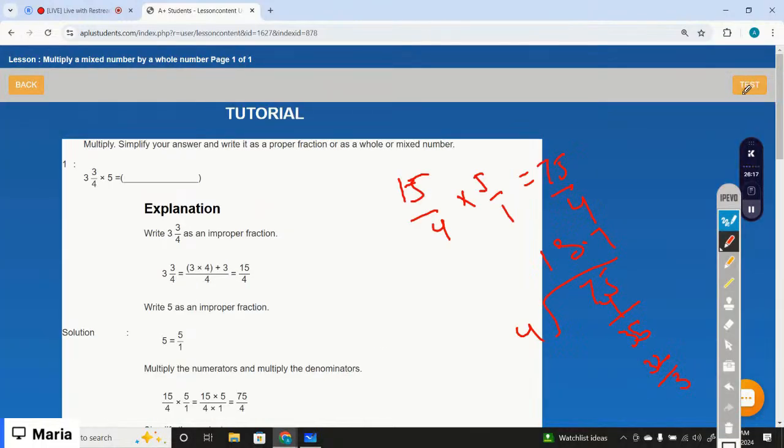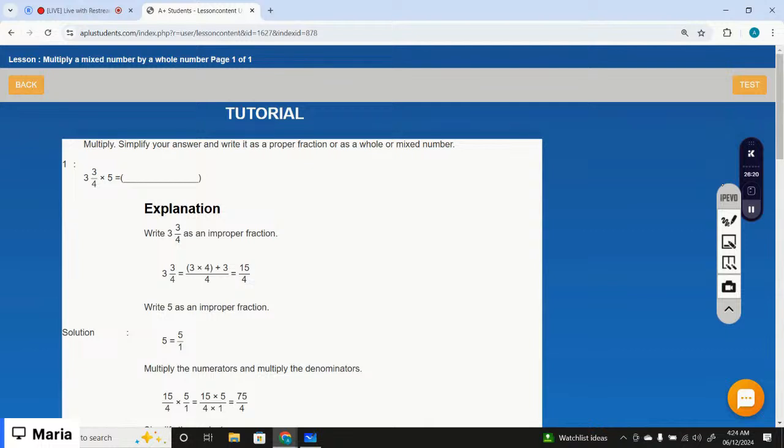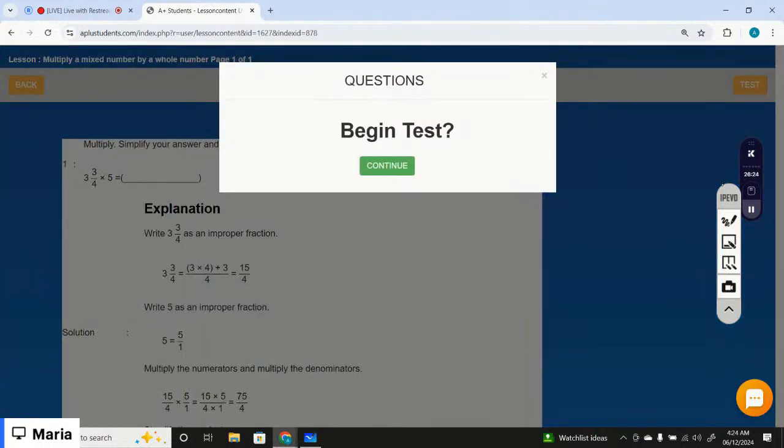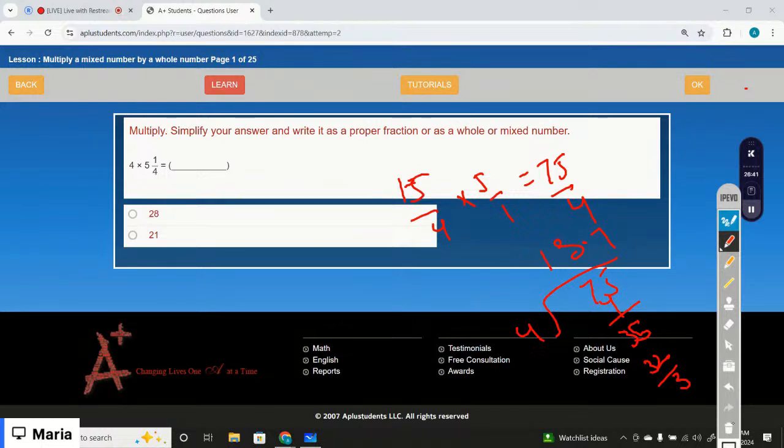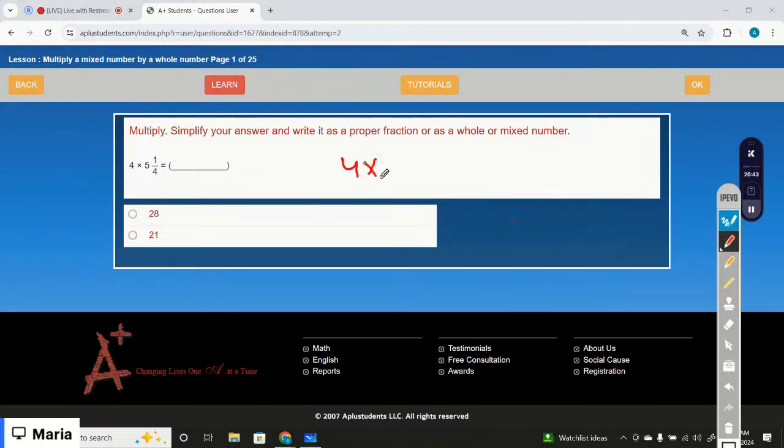Let's just start with the test questions. 4 times 5 whole 1 by 4. So just convert 5 whole 1 by 4 to an improper fraction. That is 5 times 4 is 20 and 1 is 21 over 4. 4 and 4 cancel out, you are left with 21.